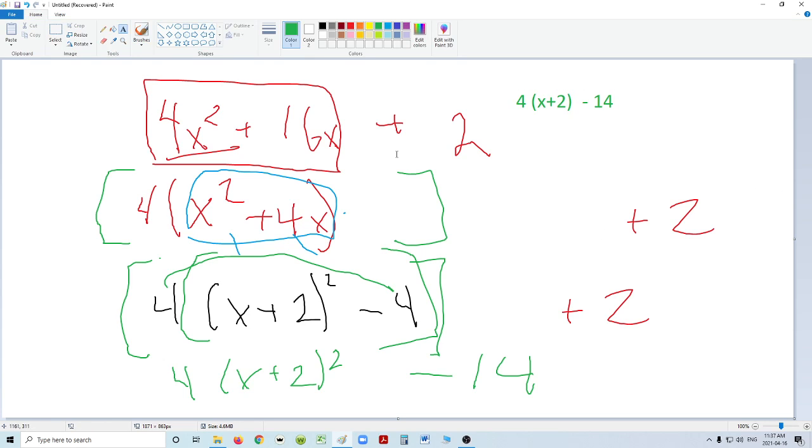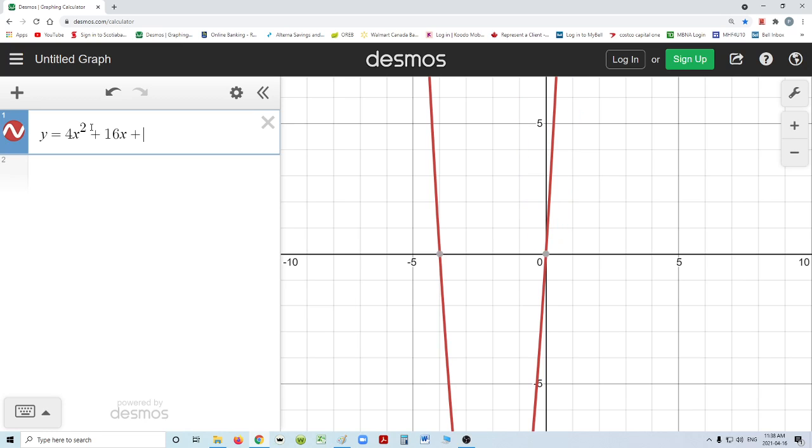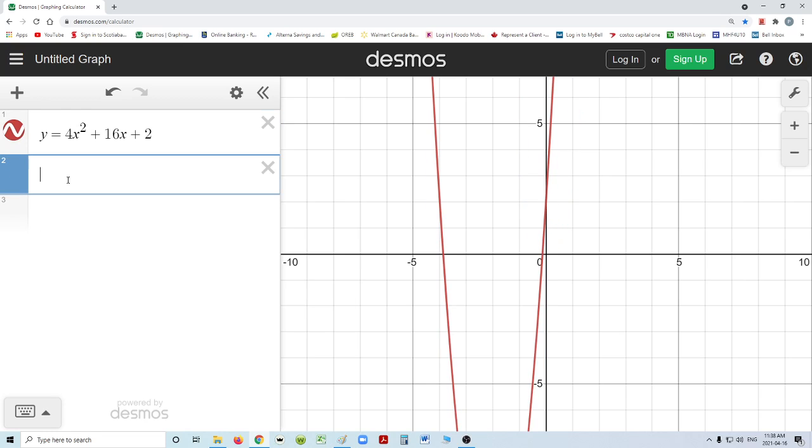To test this out, you can take the original parabola and put it into your decimals. And then you can take your vertex formula and put it into your decimals.